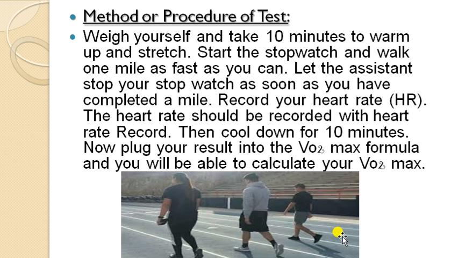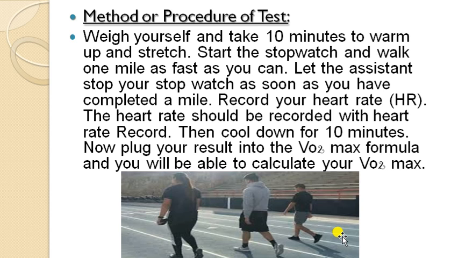Record your heart rate with a heart rate recorder. Then cool down for 10 minutes. Now plug your results into the VO2 max formula and you will be able to calculate your VO2 max.